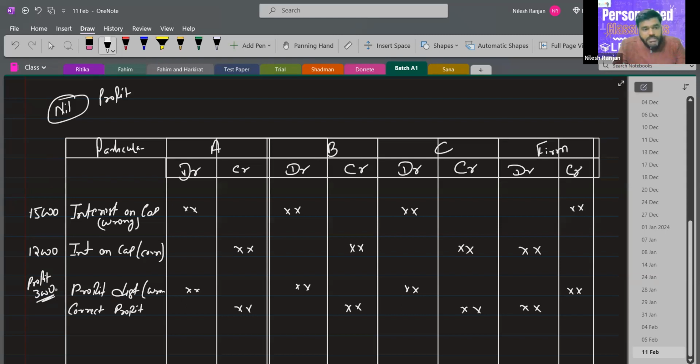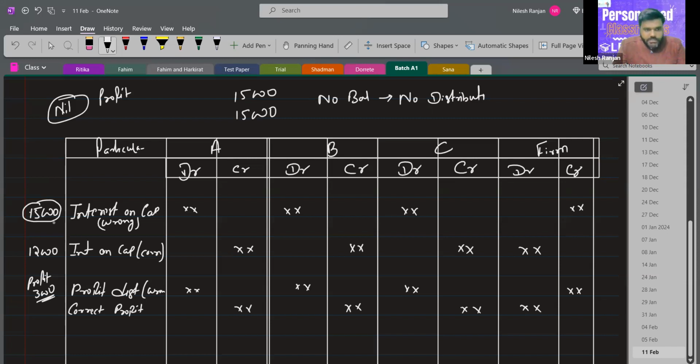This needs to be distributed between partners. And if the ratio is the same, let's say the interest is 15,000, we take it back and distribute it between partners. So there will be no balance, because you have taken back 15,000 and you have also given 15,000. So in this case there is no distribution.